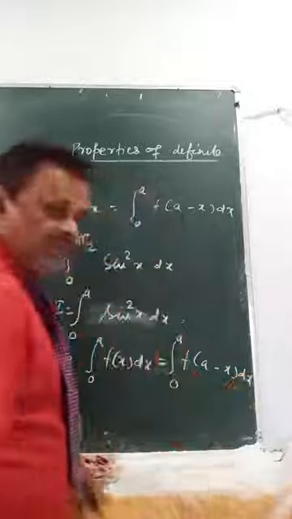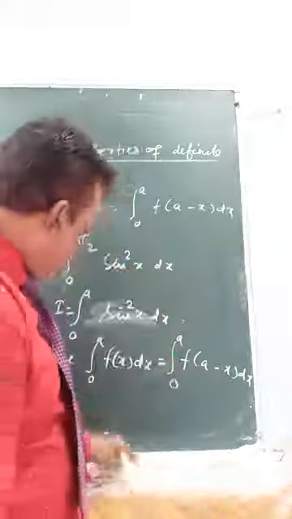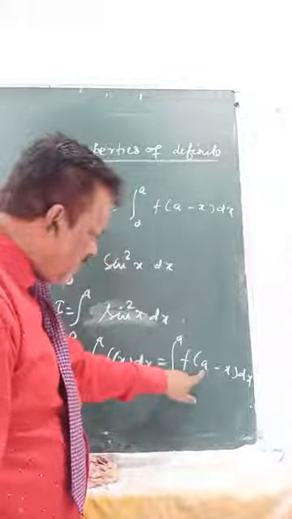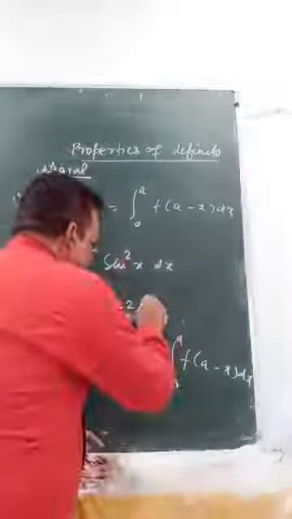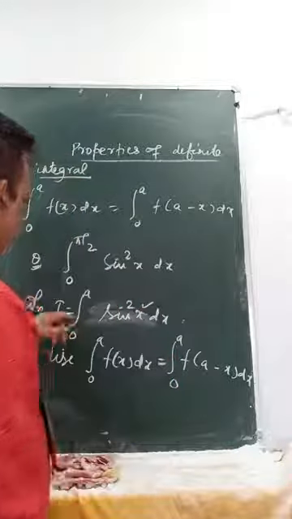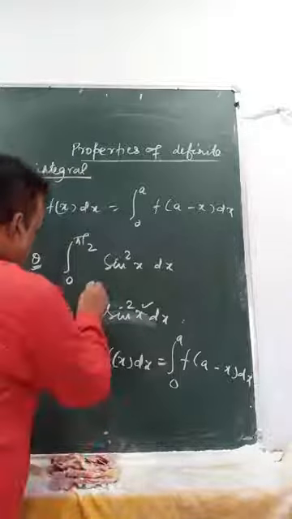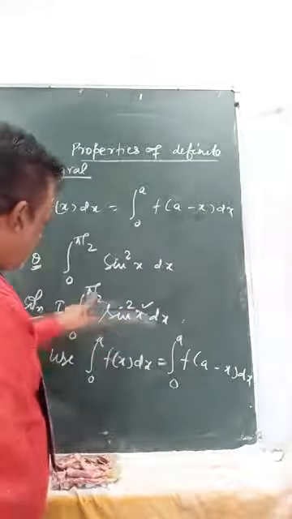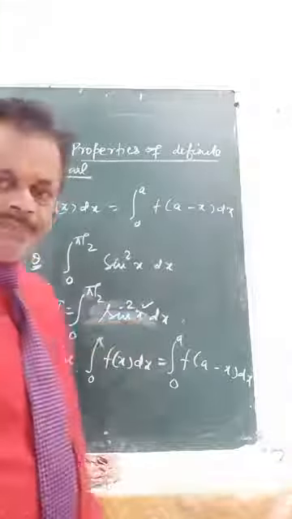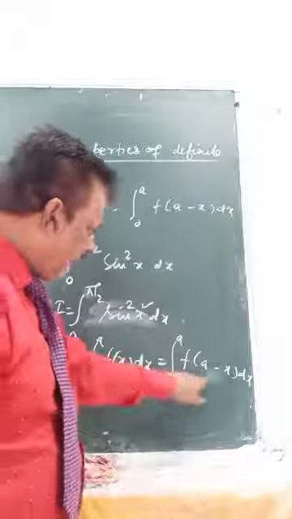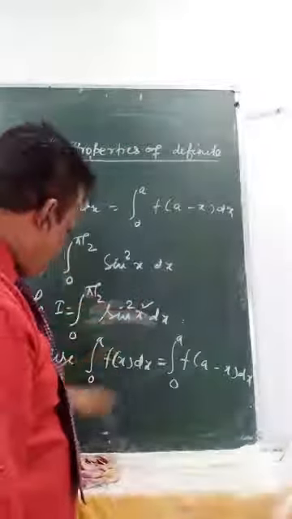Look at what changes you are making here. x becomes a minus x. That means x will become, this is pi by 2, so x will become pi by 2 minus x. A minus x, so pi by 2 minus x.